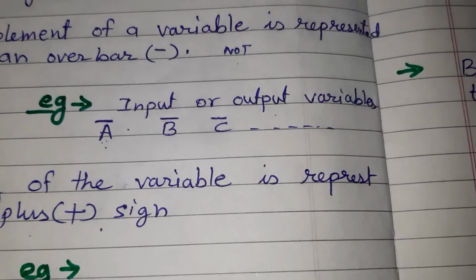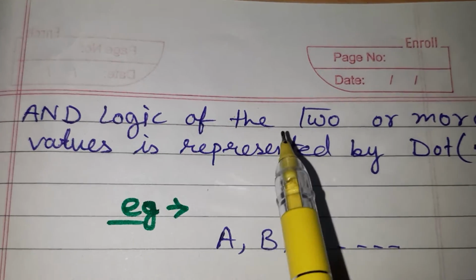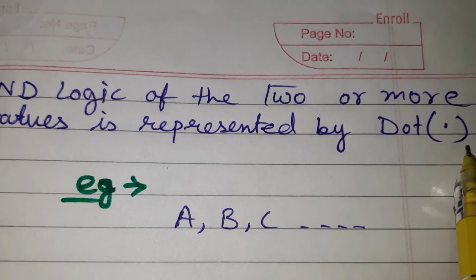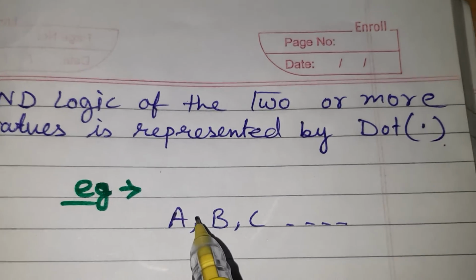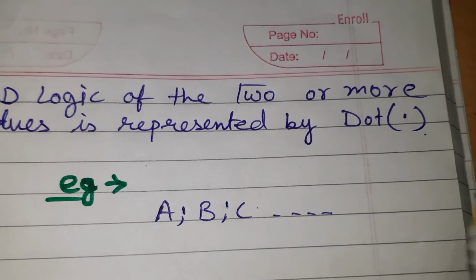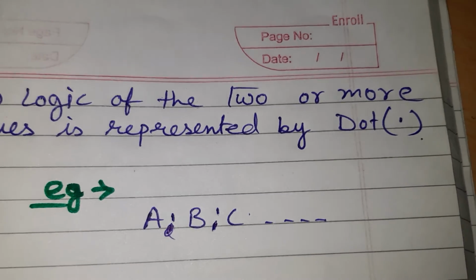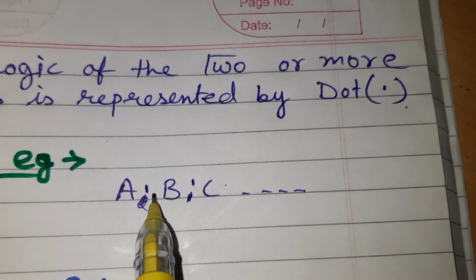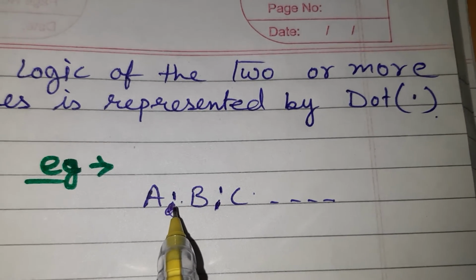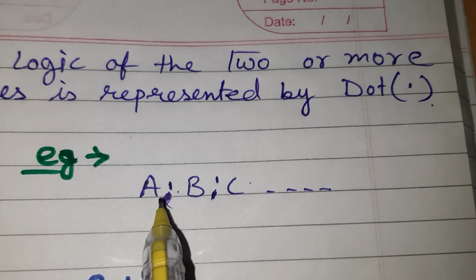After that comes AND logic. AND logic of two or more values is represented by a dot. For example, A dot B dot C, and so on. The dot is the symbol of product, or multiplication, but in Boolean algebra it works as AND logic.